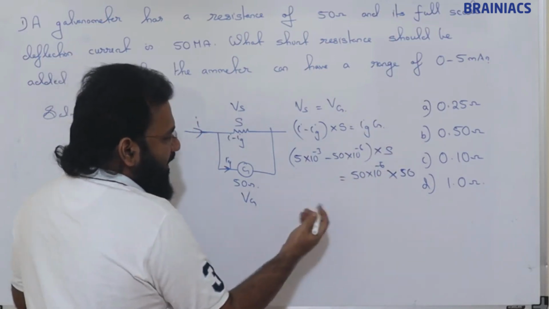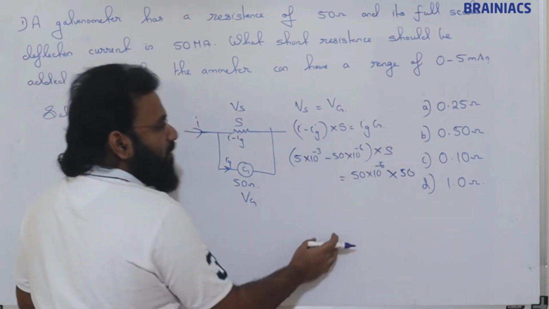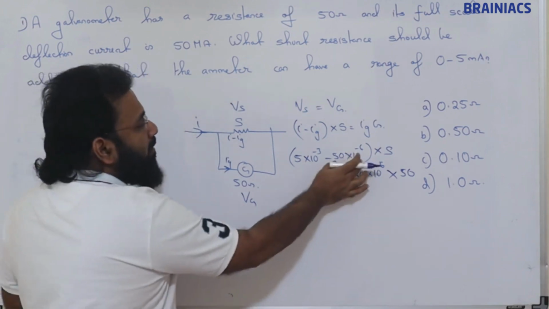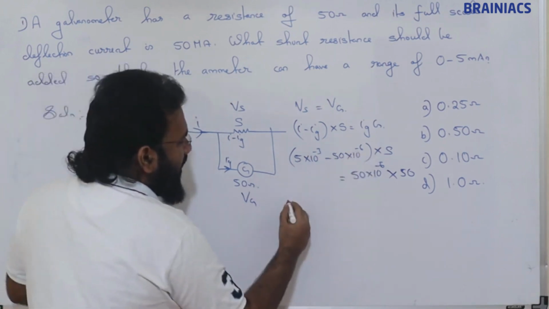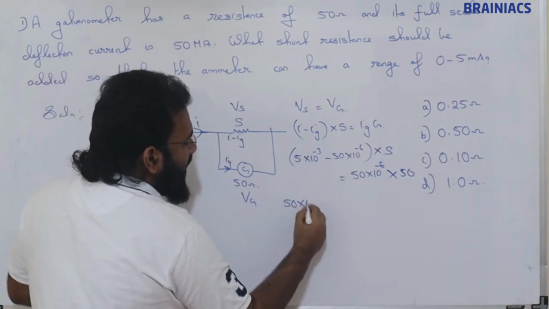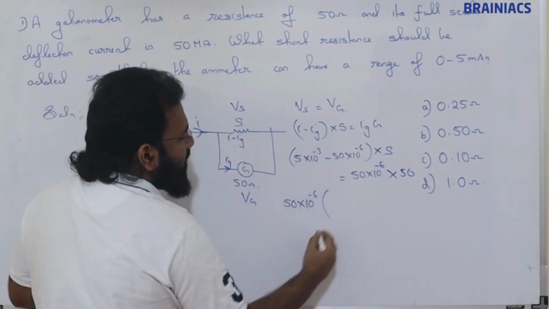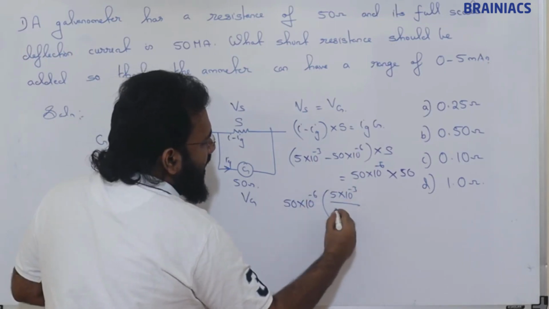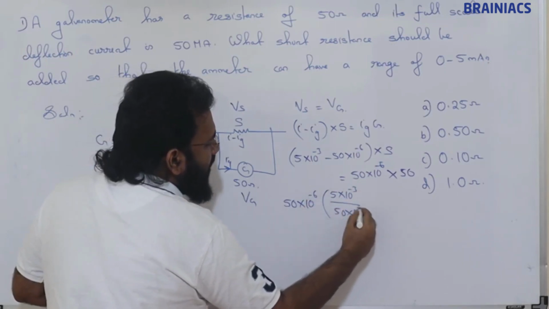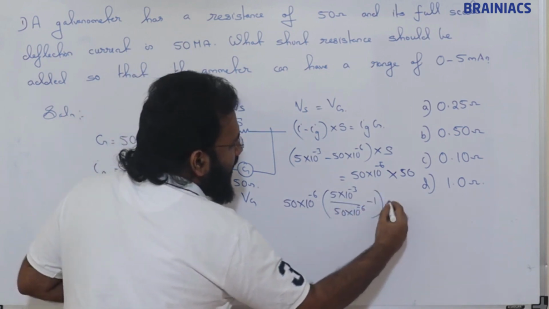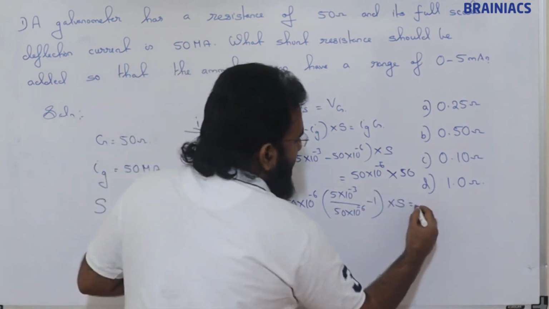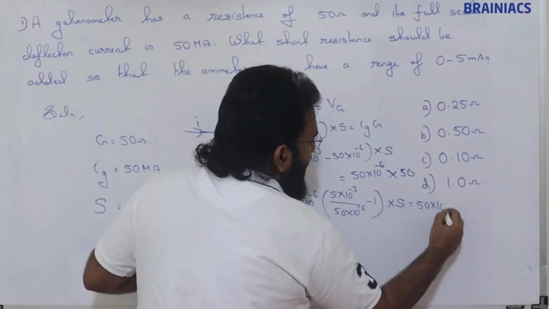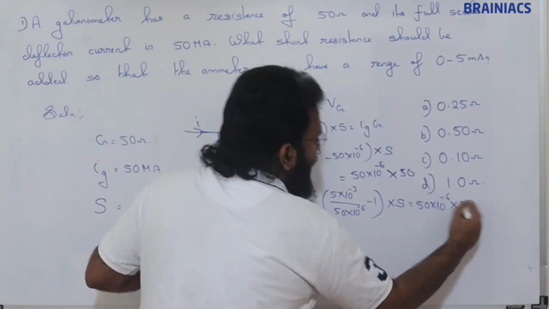In order to solve it easily, 50 into 10 raised to minus 6 is there on the right hand side, so I am going to take it outside. If I take 50 into 10 raised to minus 6 outside, I will get 5 into 10 raised to minus 3 divided by 50 into 10 raised to minus 6, minus 1, into S is equal to 50 into 10 raised to minus 6 into 50.